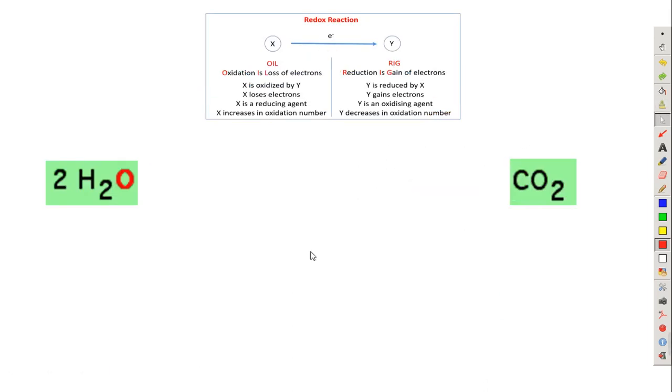Okay, so let's have this little story. Once upon a time, water was walking along and it encountered CO2. So water said, "Hello CO2, would you be interested in electrons? Because I like giving electrons." And CO2 said yes. CO2 said, "I love gaining electrons."